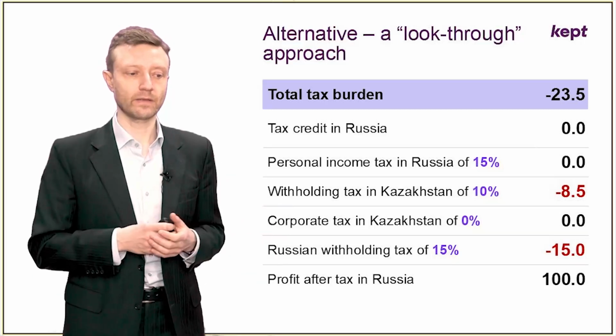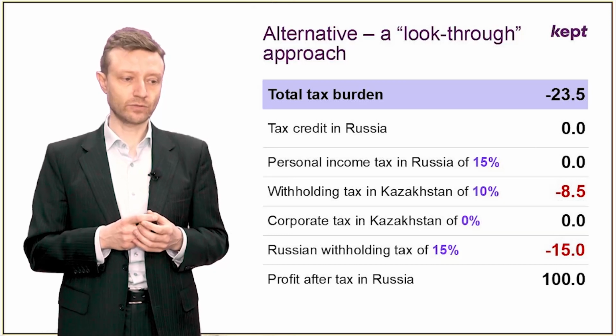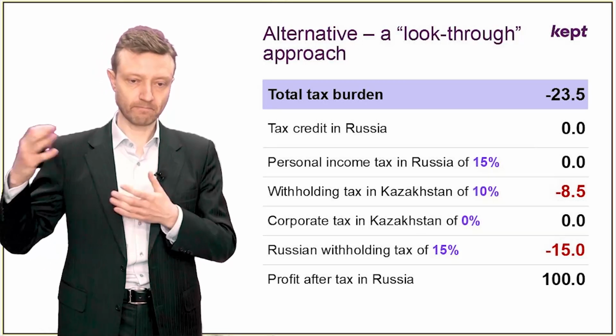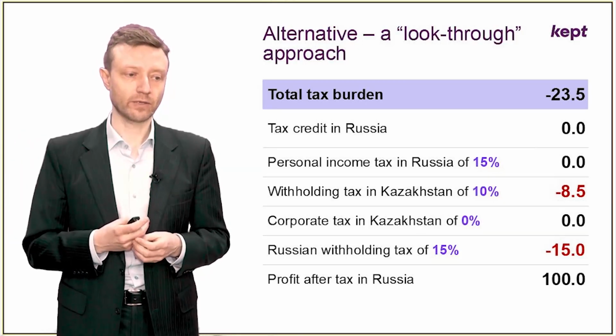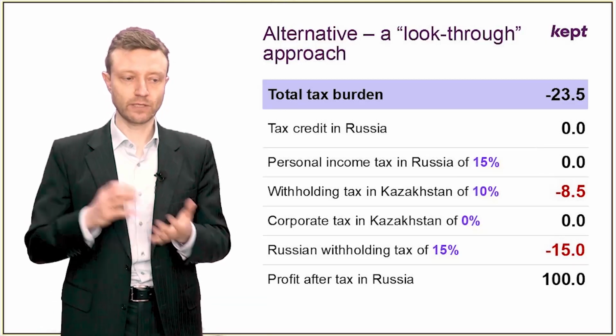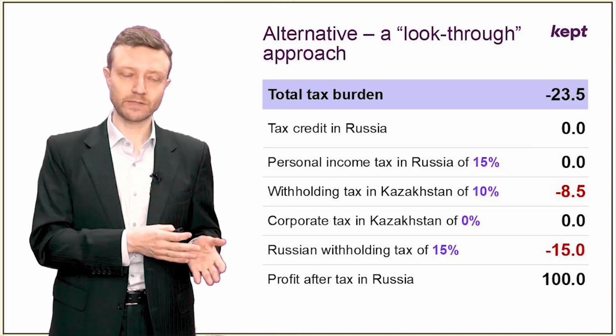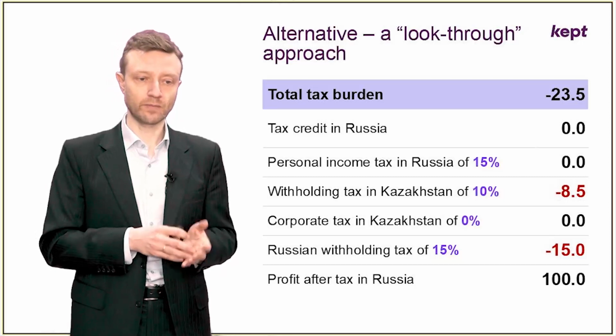But in Russia, it is possible to achieve a reduced withholding tax burden because, first of all, there is a double tax treaty between Russia and Hong Kong, and in this particular example, we do not even have to apply it.